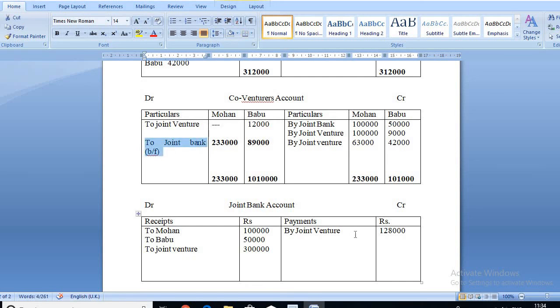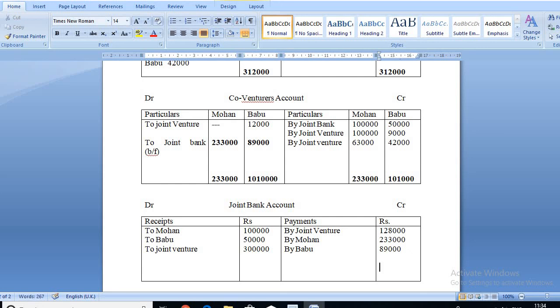Now in the joint bank account, make a credit entry: by Mohan 2,33,000 and by Babu 89,000.